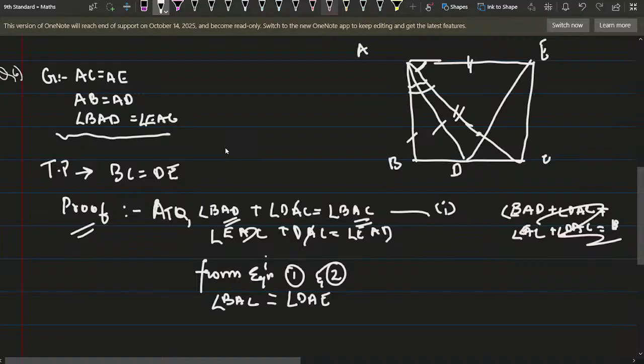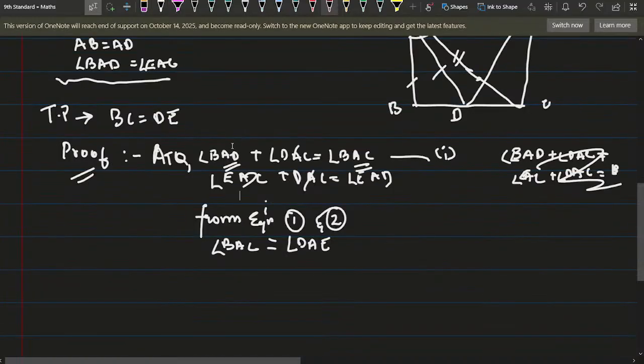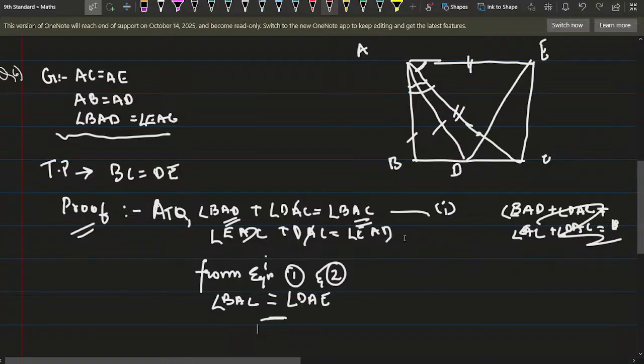Yeah, EAD or DAE, that is the term that we got. What we need to get is this angle BAC is equal to angle D, this angle. We got that. So the first thing to prove is the congruency.